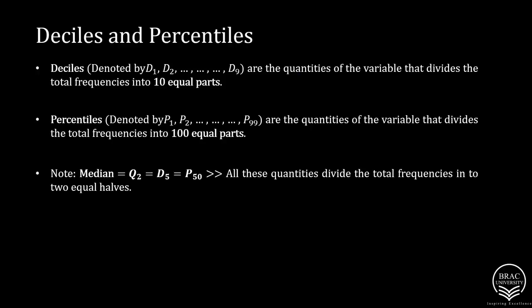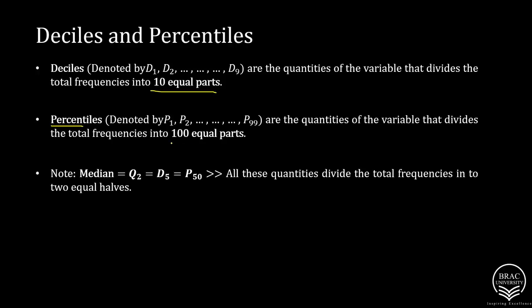For deciles, there will be 9 deciles. Obviously there are 3 quartiles and 9 deciles, and the deciles divide the total frequencies into 10 equal parts. And in a similar way, the percentiles are related with cent. The word cent means 100, so percent means per 100.